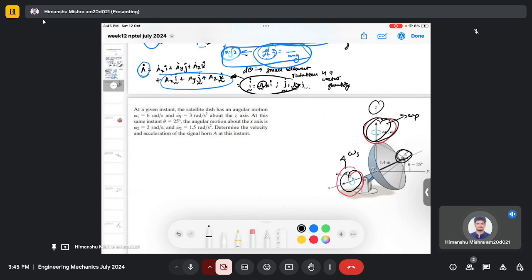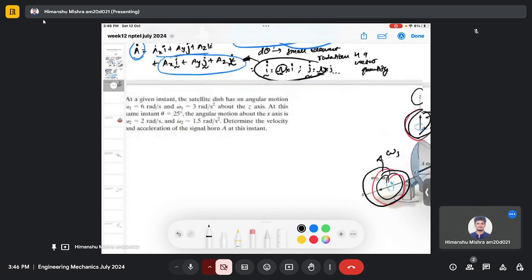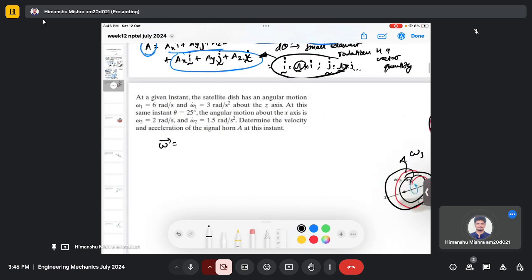Then the resultant angular velocity of the satellite is not just omega 2. It is actually omega equals omega 1 plus omega 2, so it will be 2i plus 6k rad per second.